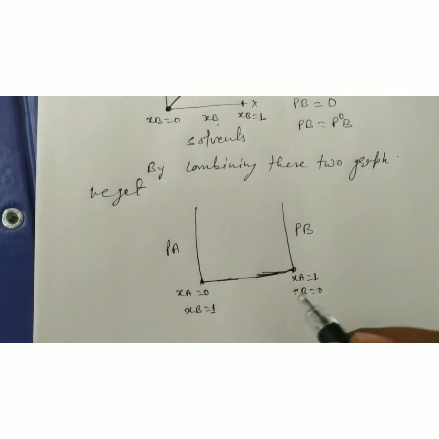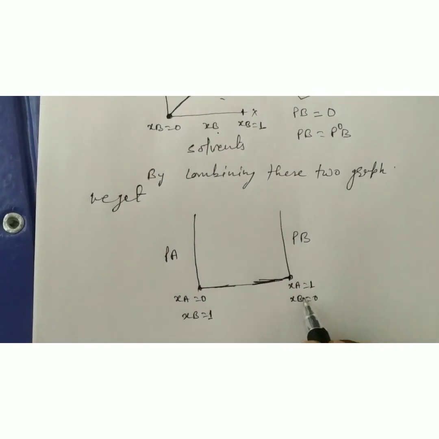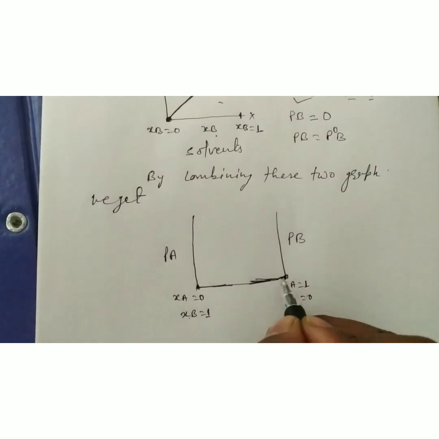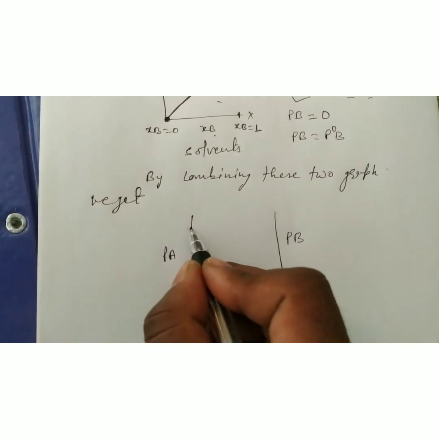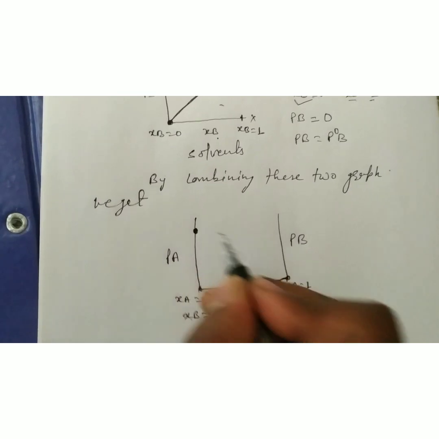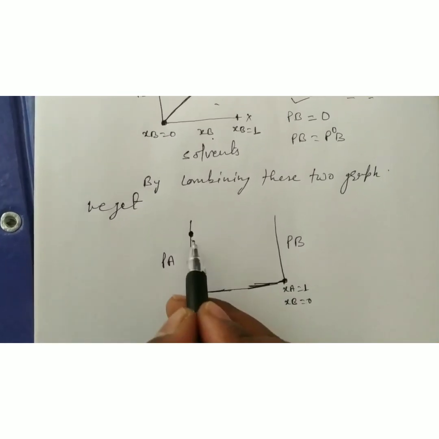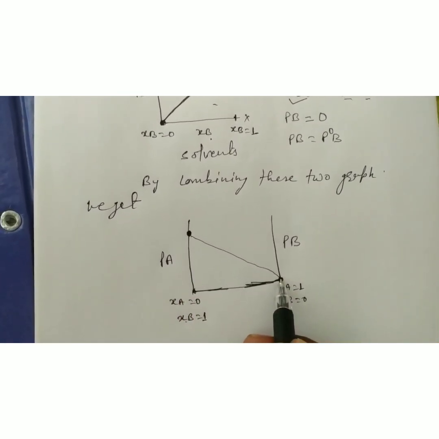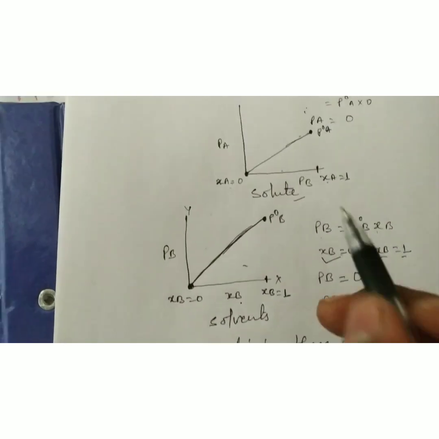Clear? So, when XB equals 0, then XB equals 1. By drawing this graph, this is the point between these two origins. By combining these 2 points, we again get a straight line, same as before. Okay?